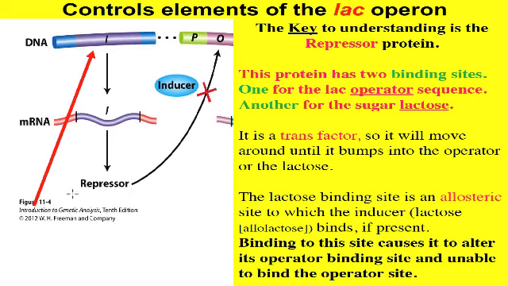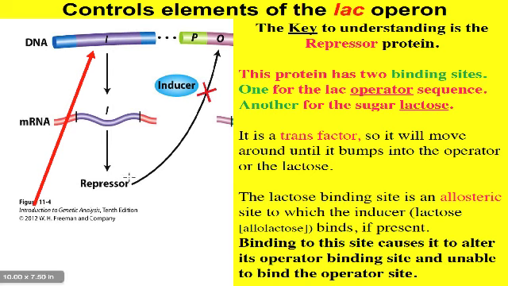So when lactose binds to one side, it causes a change in the configuration of the amino acids on the other side, and that change knocks off and changes the fingers that are used to bind to the operator. So when lactose is bound to one side of the repressor, it can no longer bind to the operator. So this is a very important concept.